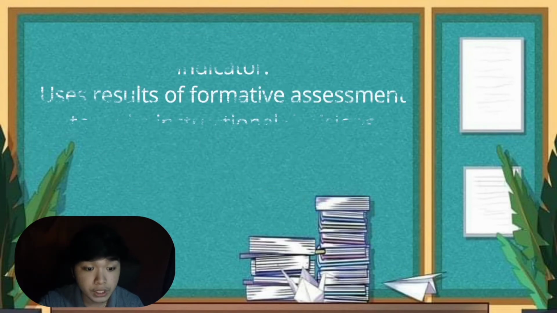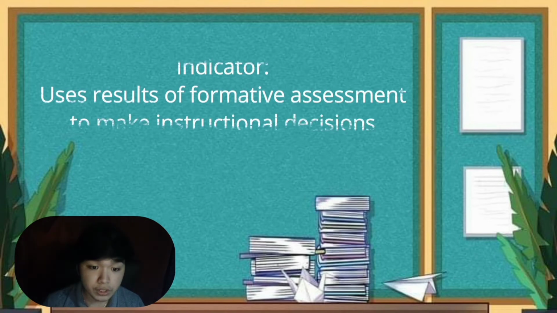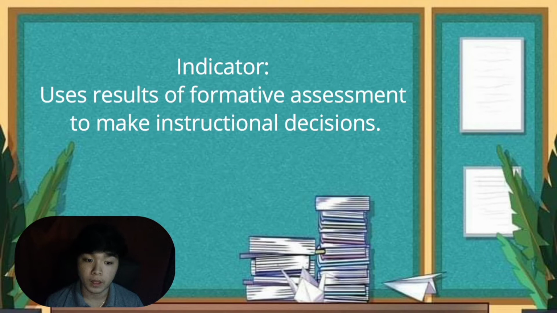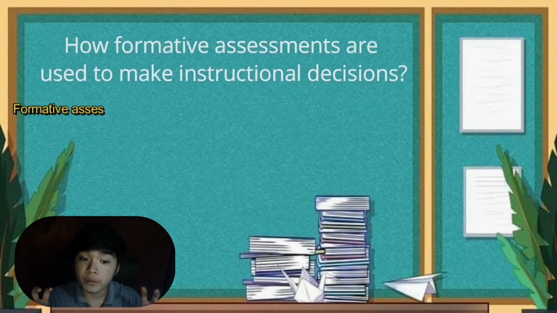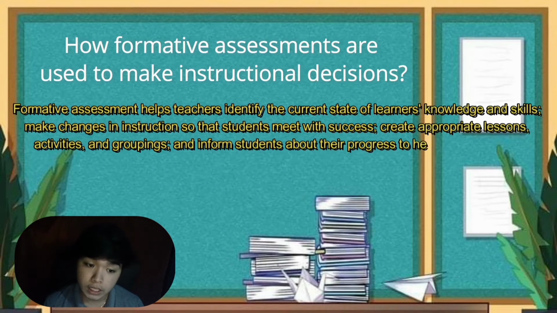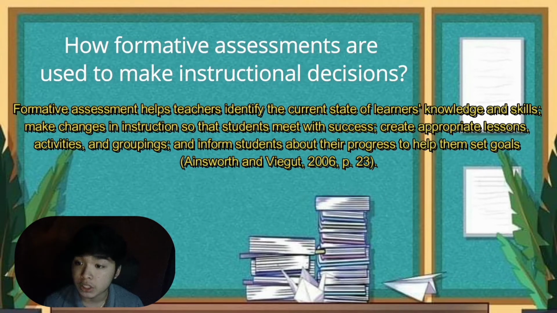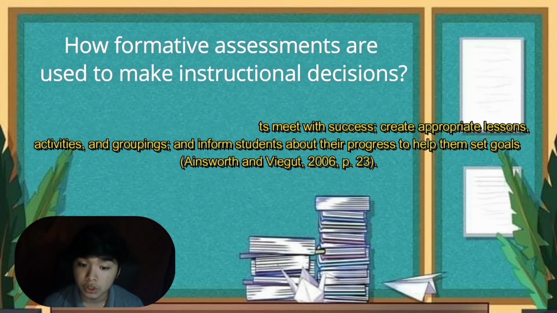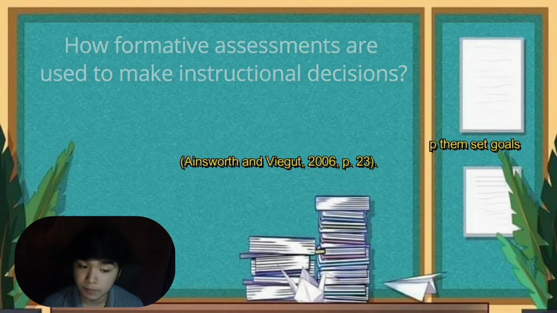For our first indicator: uses results of formative assessment to make instructional decisions. Formative assessments help teachers identify the current state of learners' knowledge and skills. The meaning of instructional decision is to make changes in instruction so that the students meet with success.